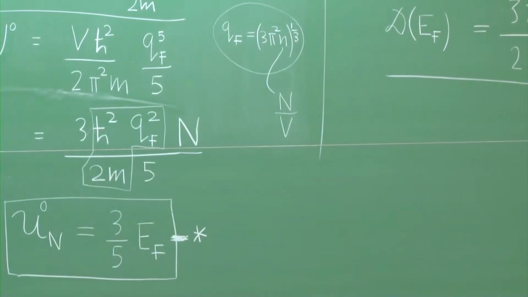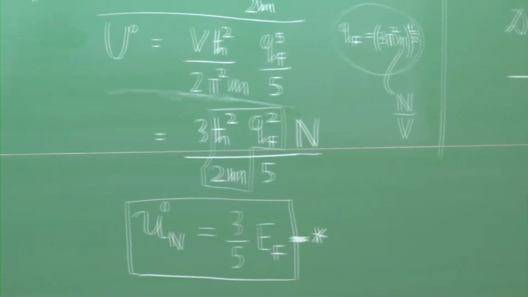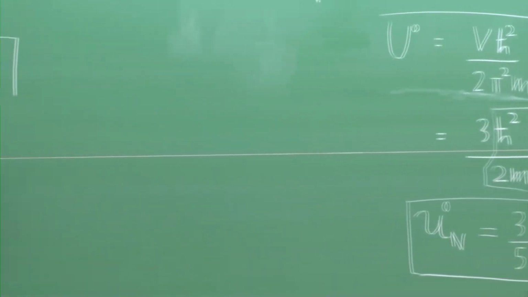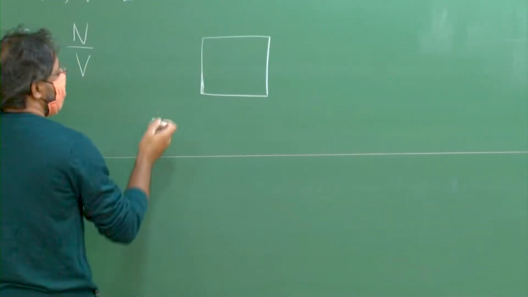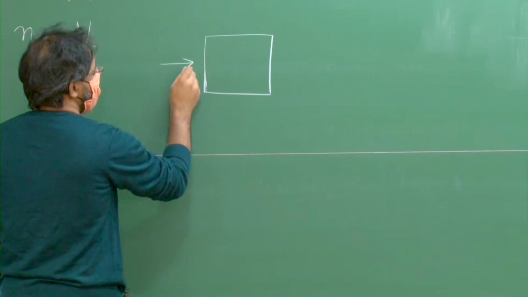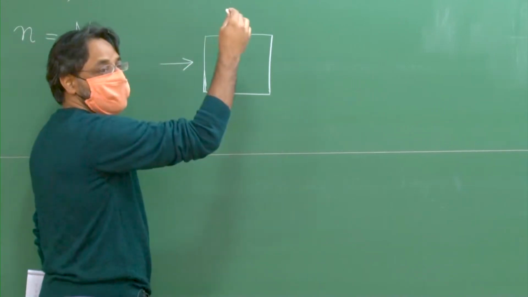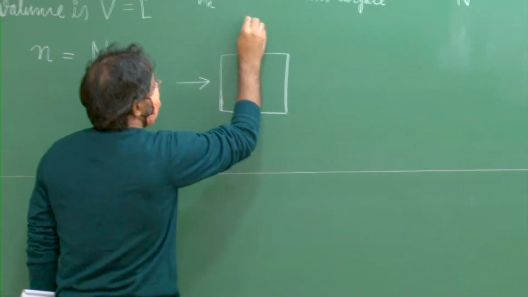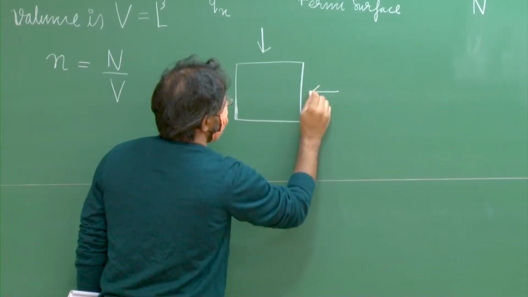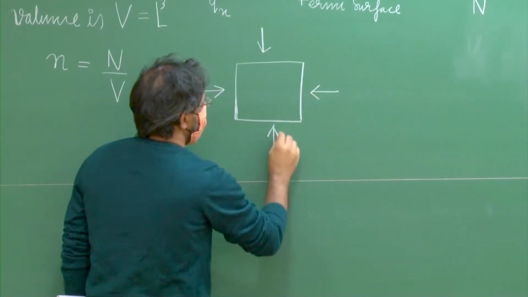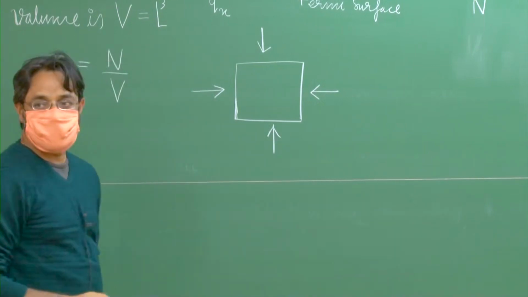Okay, so the next thing that we are going to look at is this: we took our sample to be a box. Now, if we compress this box from all sides, which means isostatic compression, by applying external pressure, what is going to happen? Let us try to analyze this situation.